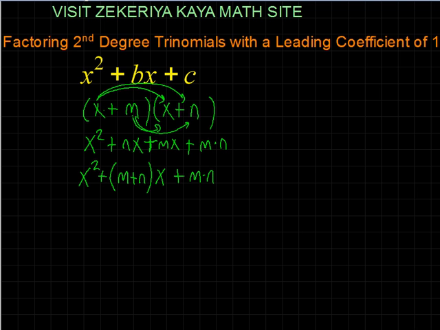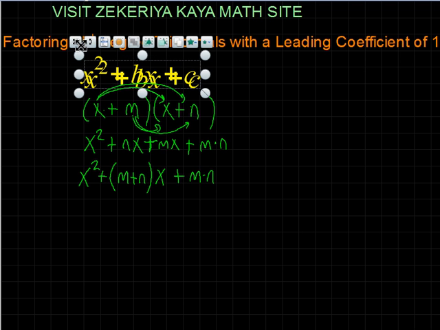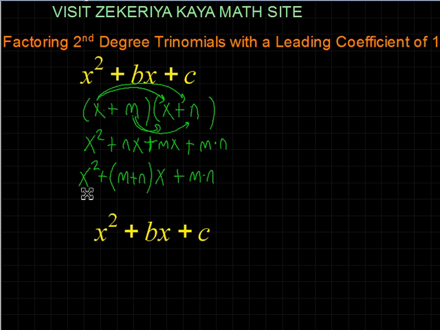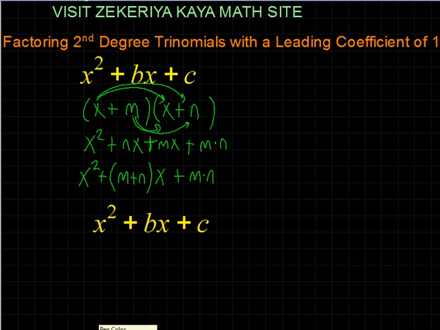Now, if we compare this with the first one, the given expression, we see that in this result, instead of b, I have m plus n. Instead of c, I have m times n. Now, I'll make a rule from here.